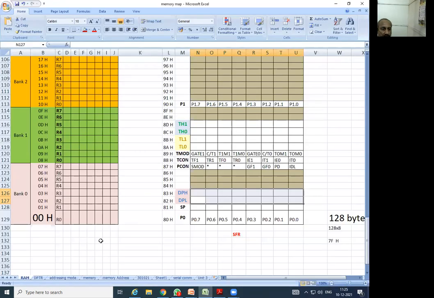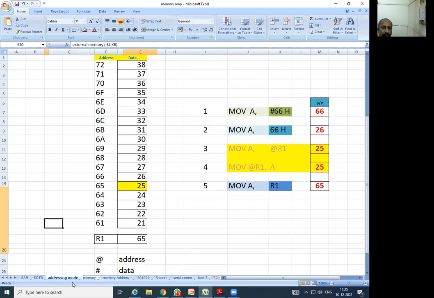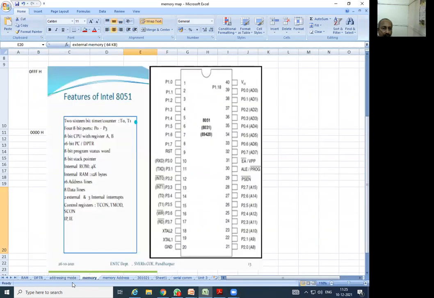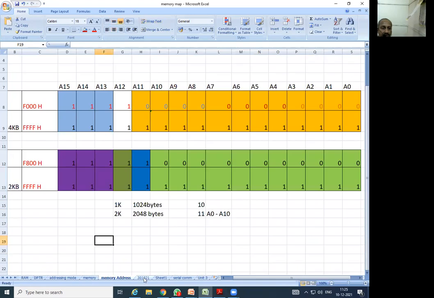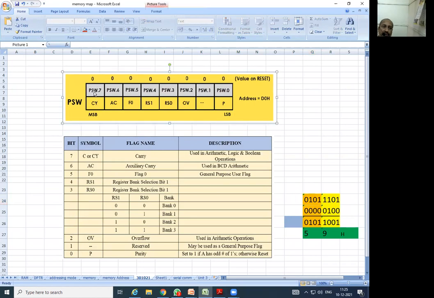I will show it to you here. Which register is there for checking this? It is the PSW. If you remember, the last bit, that is the MSB, PSW.7, is dedicated for carry.